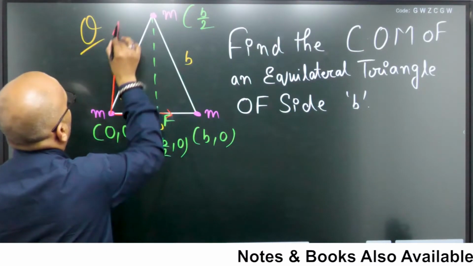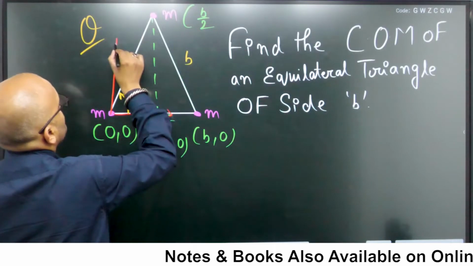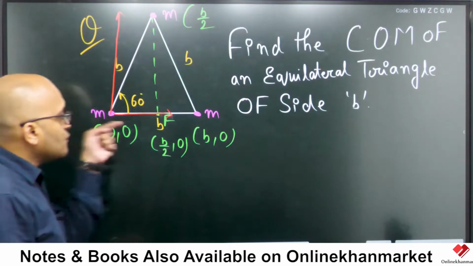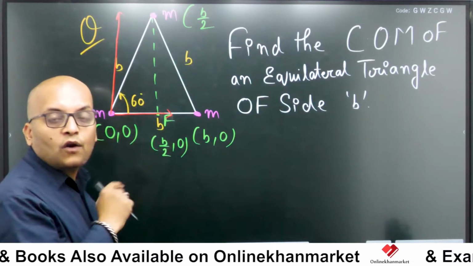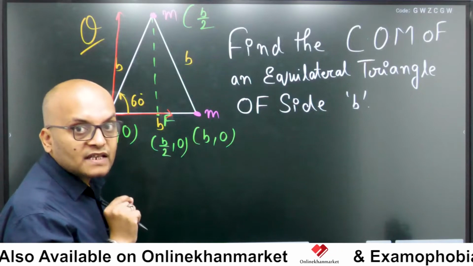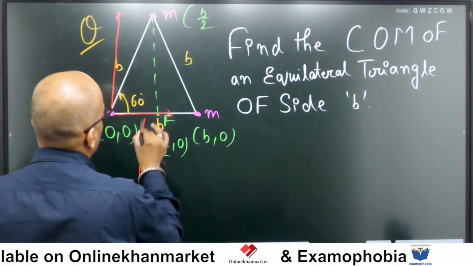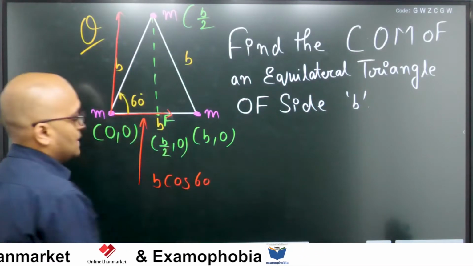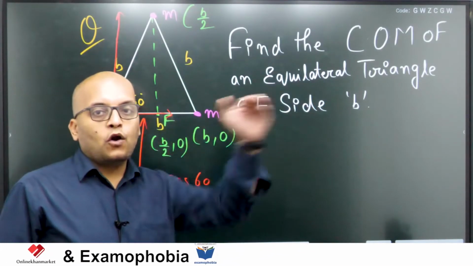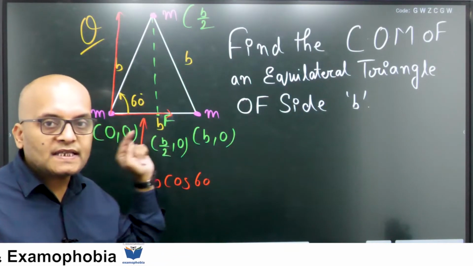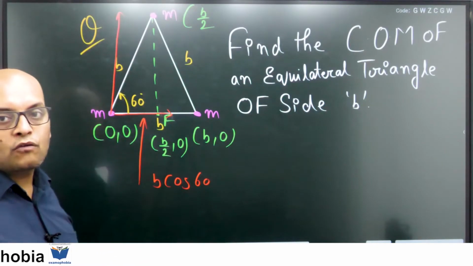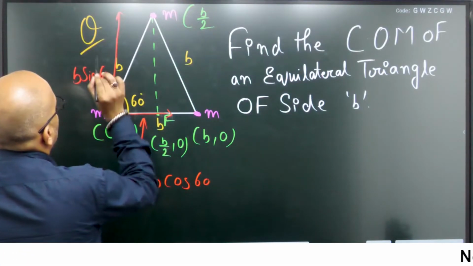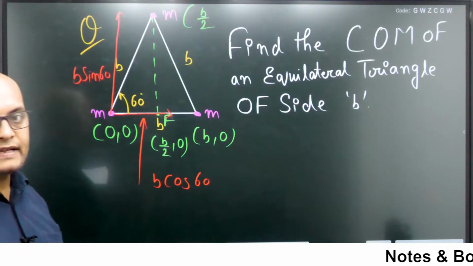The component of b along the x-axis will be b cos 60, and the component of b along the y-axis will be b sin 60, right?